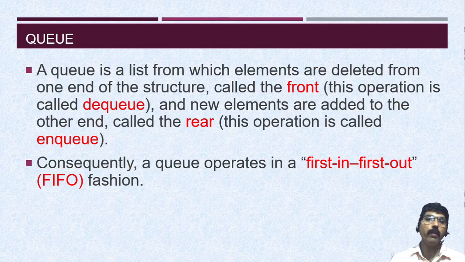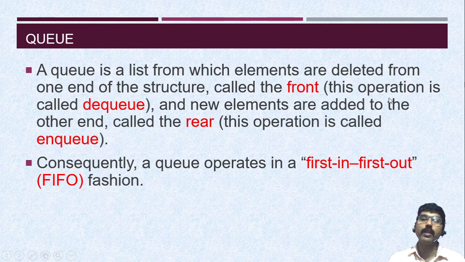One more type of linear data structure is called queue. In a queue, the elements are inserted from one end and deleted from another end. The end from which the element is inserted is called the rear end. The end from which the data is deleted or removed is called the front end.